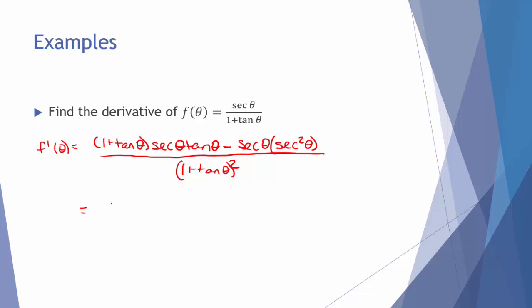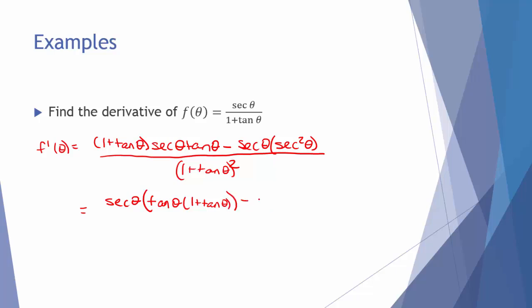There are many correct ways to go about simplifying this, and many different ways that, assuming they're equivalent, are perfectly legitimate. I'm going to factor out a secant theta out of both of those terms in that numerator, this being the first term and this being the second term. In my first term, I'm left with tangent theta times 1 plus tangent theta.